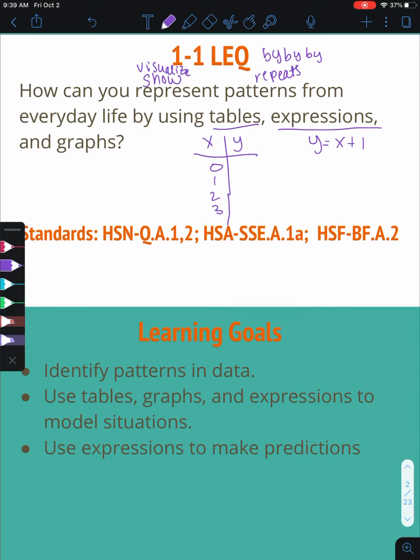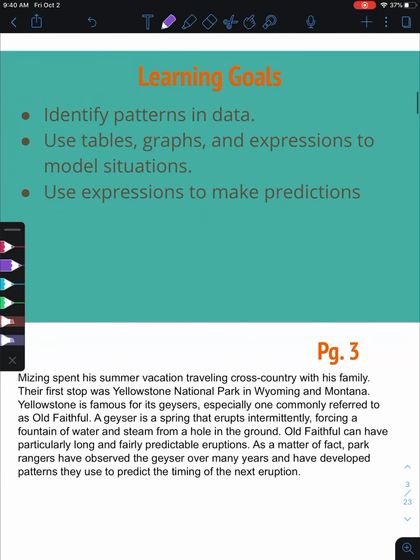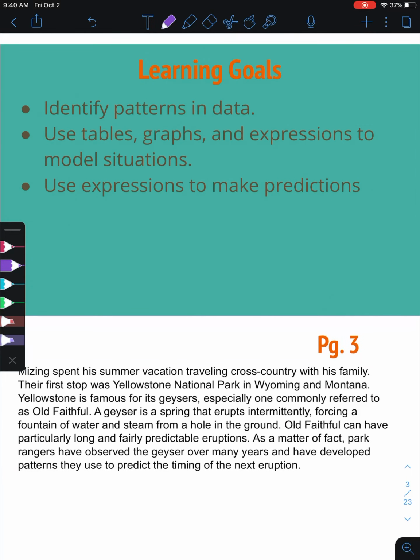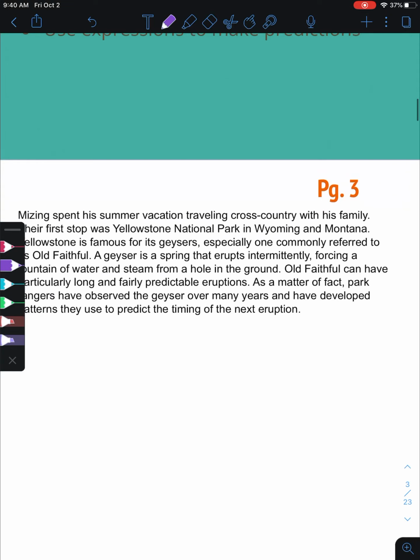Or a graph: I have an x-axis and a y-axis, zeros down here. I plot my points, and then I can also even connect my points. All right? So our learning goals for this lesson are to identify patterns in data, use tables, graphs, and expressions to model situations, and use expressions to make predictions.